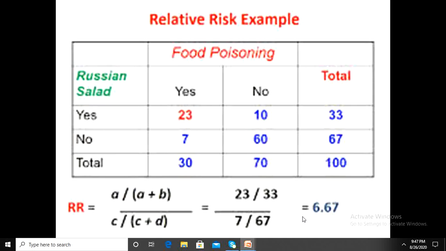It means the risk of getting food poisoning was 6.67 times higher in those who ate Russian salad as compared to those who never ate Russian salad. So this is the way we interpret the results of relative risk.